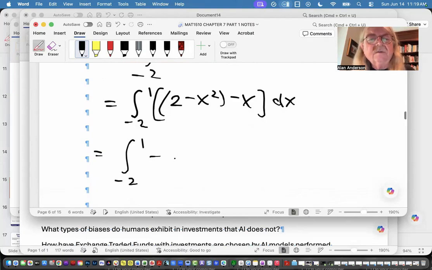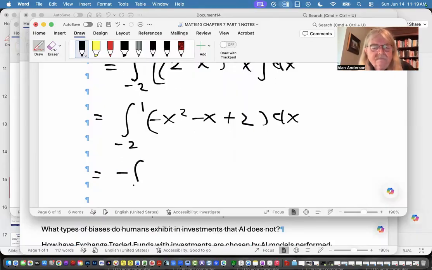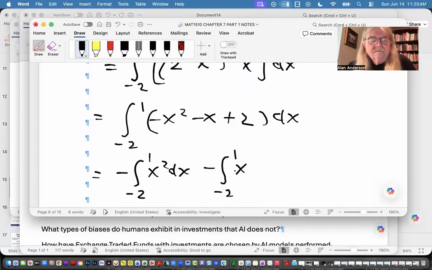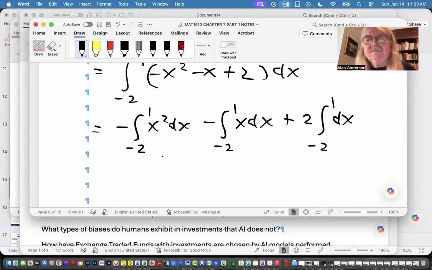We'll rearrange this algebraically, and then we'll integrate it. Of course, we'll apply the power rule. In the last case, we have the constant dx on the inside. The integral of dx, of course, is just x.